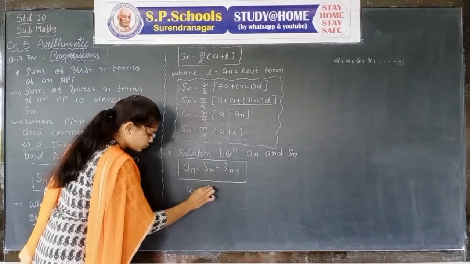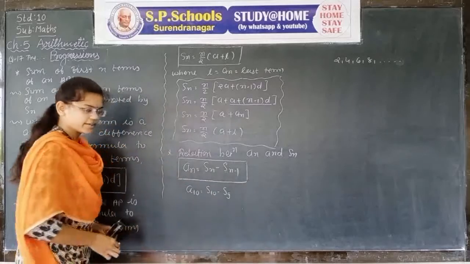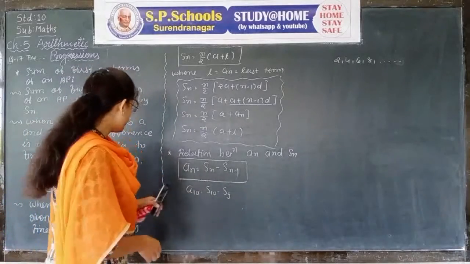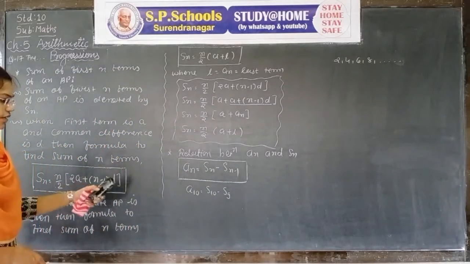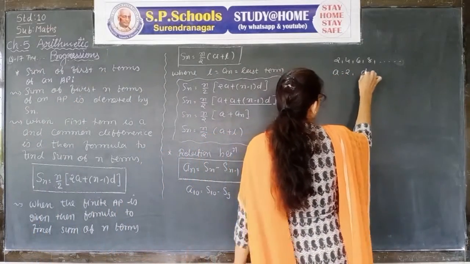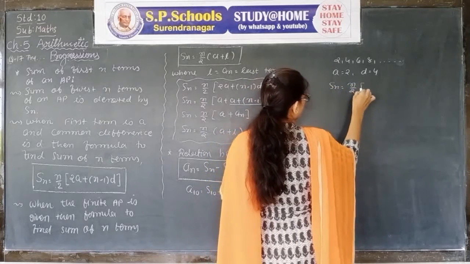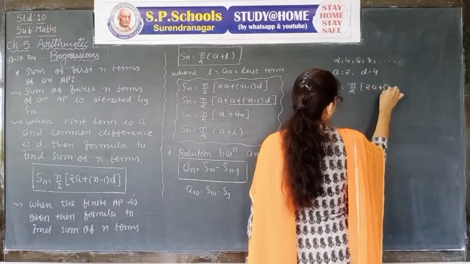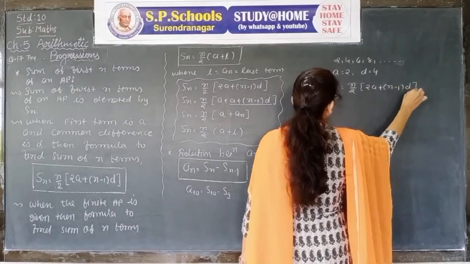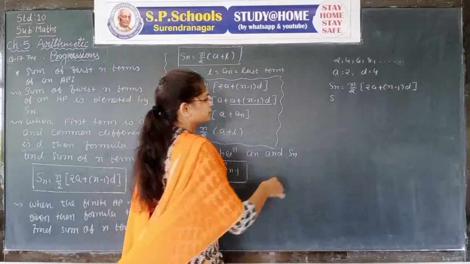a10 equals S10 minus S9, since 10 minus 1 gives 9. Using the formula to find Sn, we are finding S10 and S9. Here a equals 2 and d equals 2. Sn equals n upon 2 into bracket 2a plus n minus 1 into d. First we find S10.